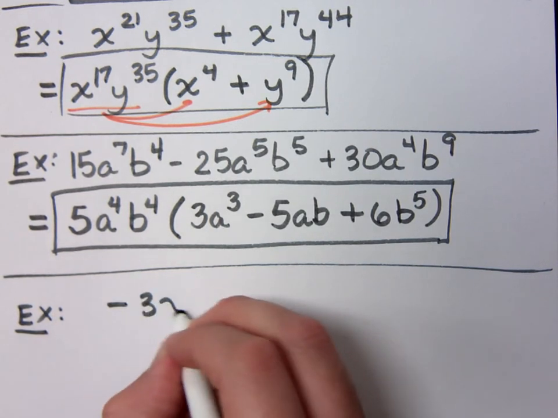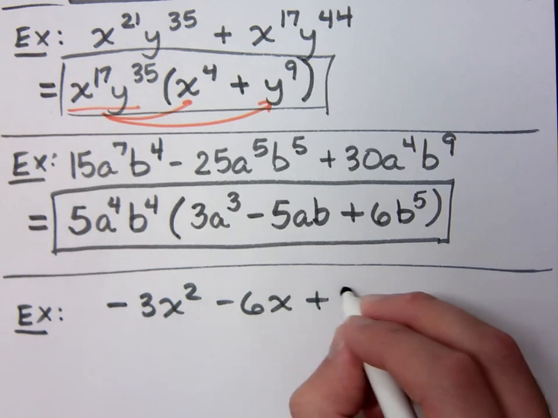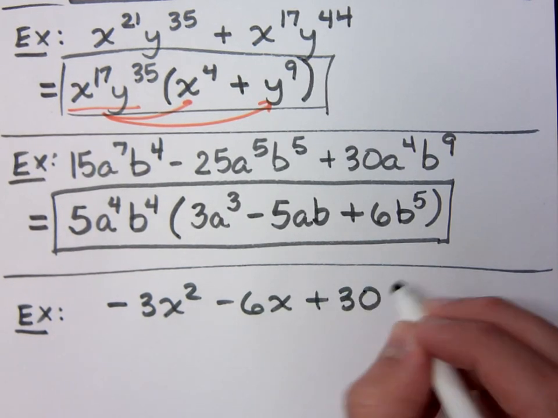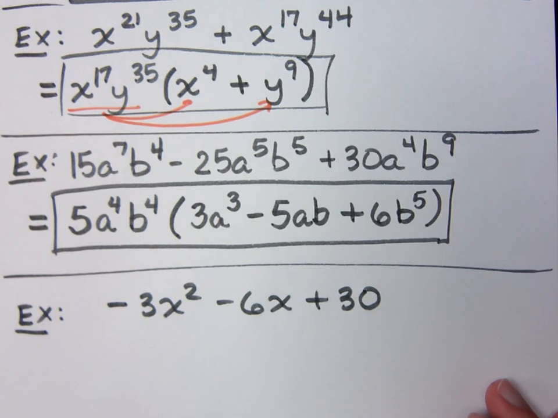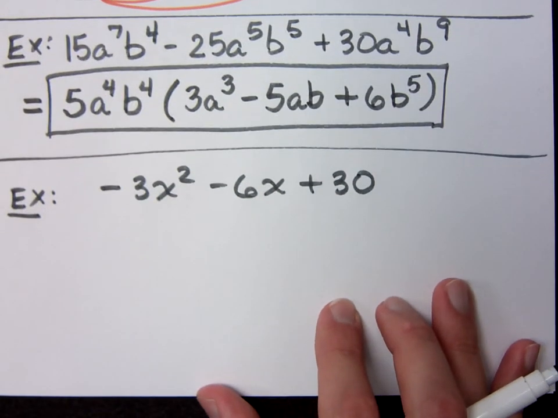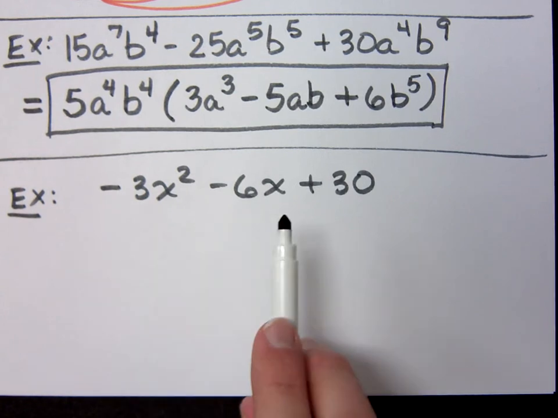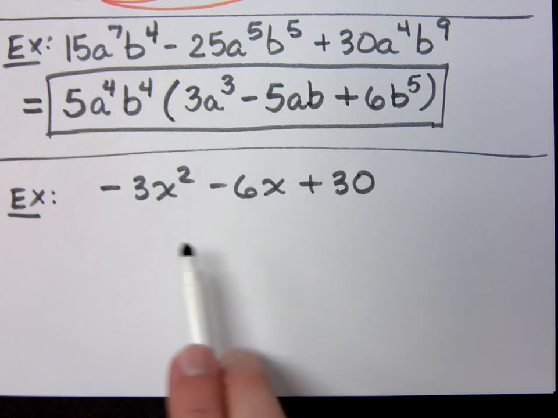Now let's look at negative 3x squared minus 6x plus 30. What's the common factor here? -3. Yeah. Now, notice how this polynomial is set up in descending order, the highest degree down to the constant term.